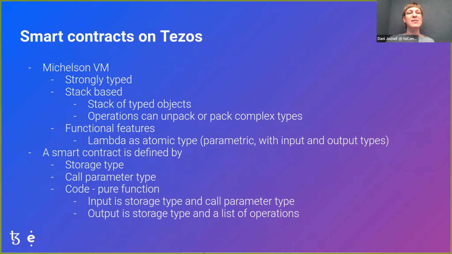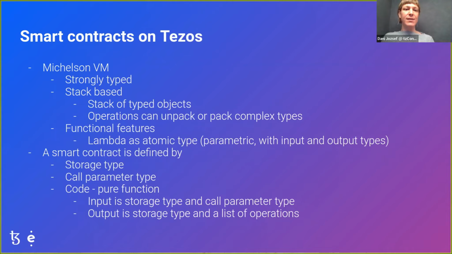Smart contracts in Tezos, as I already mentioned, are defined by the type of their storage. So the storage is the state of the smart contract that is saved onto the blockchain between executions. So for example, if you have a very simple toy contract that adds numbers to a running total, then the running total would be the storage of the smart contract.